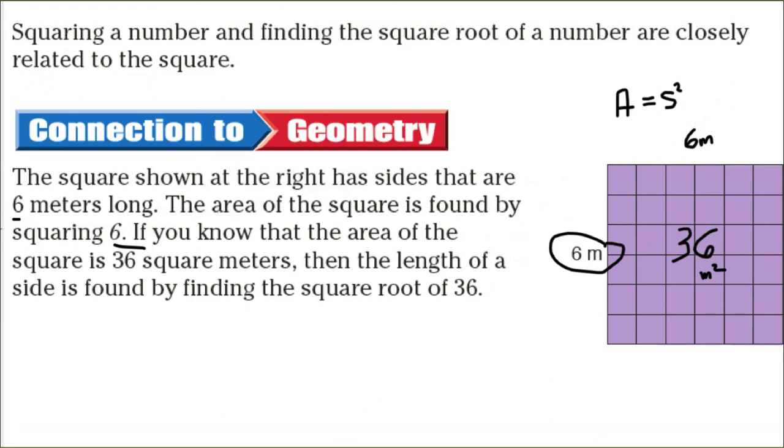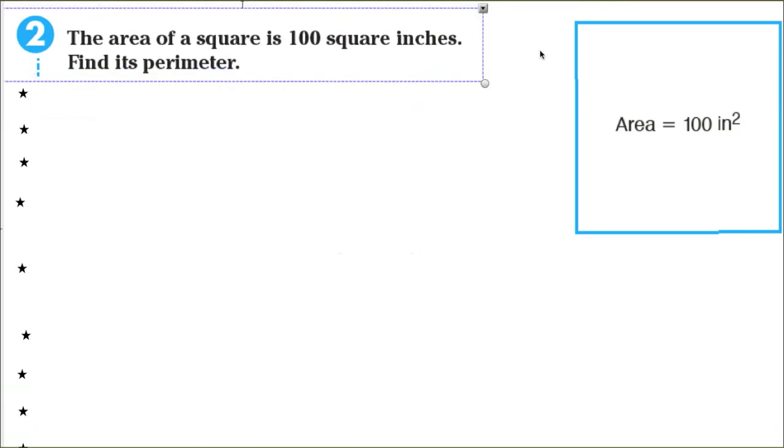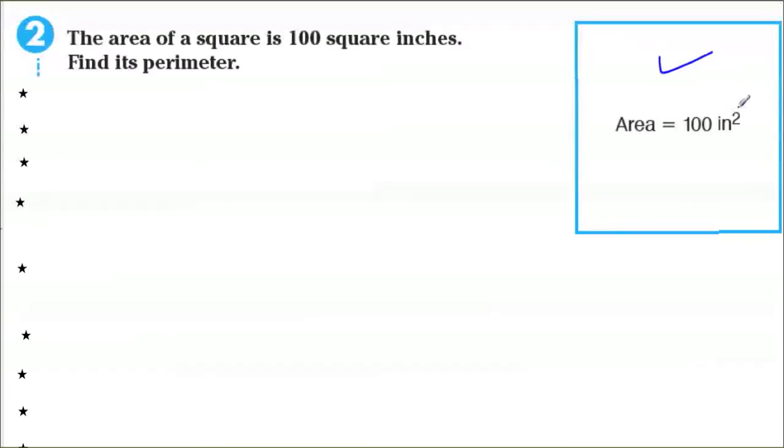Okay, let's see how this works now in this problem. Let's say the area of a square is 100 square inches. We want to find its perimeter. So this is your square right here, and its area is 100 square inches. Let's find its perimeter. What is being assumed in this problem?